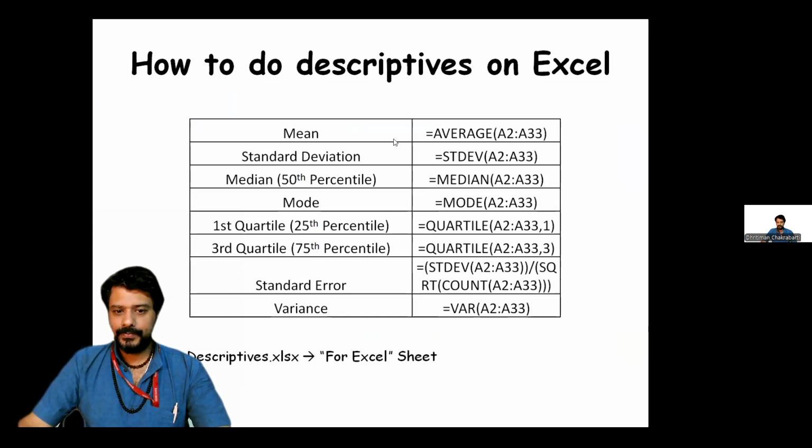Whenever you want to do any analysis or operation within Excel, you always have to write a formula within a cell. Now, what is a formula? A formula is basically a function, meaning a phrase or a word which is programmed to do something.